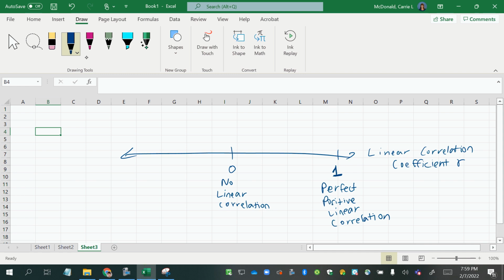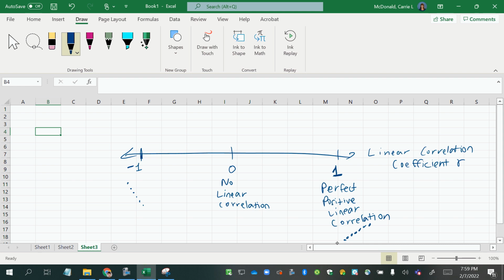Perfect positive linear correlation would be a set of dots that looked perfectly straight like this, and they moved upward from left to right. Then you could have perfect negative linear correlation, a set of points that were perfectly lined up and they went downward from left to right.